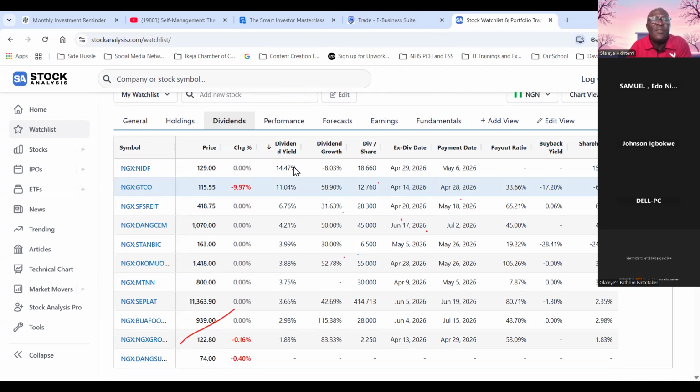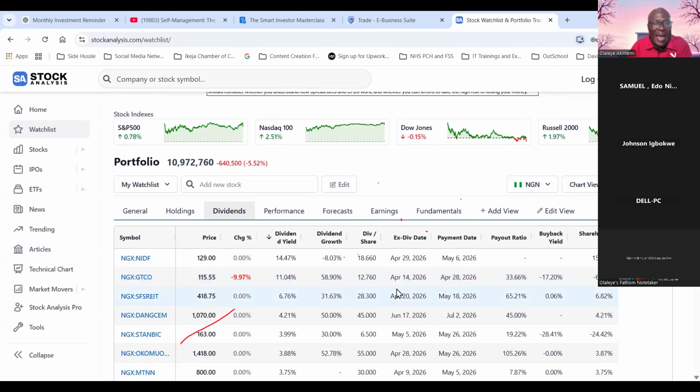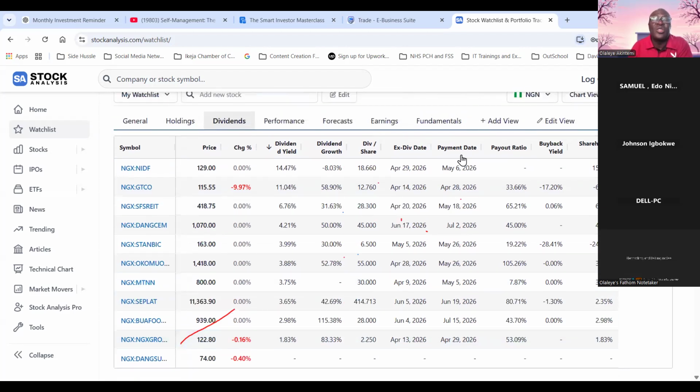So once you do that, you come back and change the number of units that you have, and you change the average price. That is because you are using the free version of Stock Analysis. I'm also using the free version.